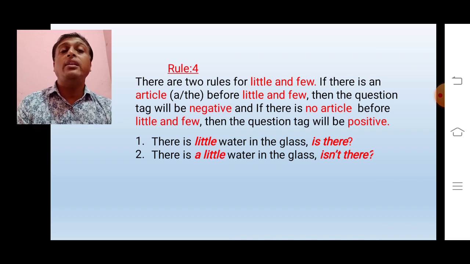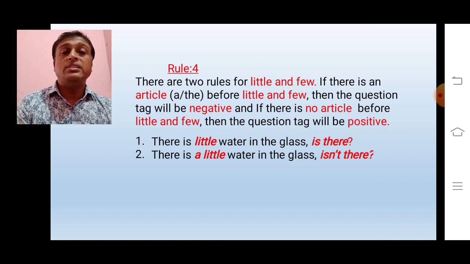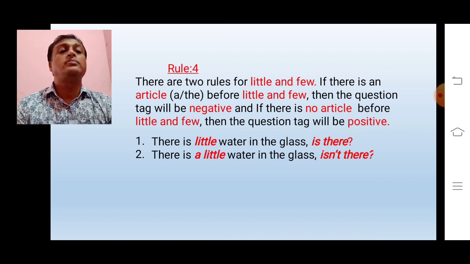So here a little is a positive word, and we will write not in the answer of this statement, because this statement is now a positive statement. So the answer of this statement is isn't there.